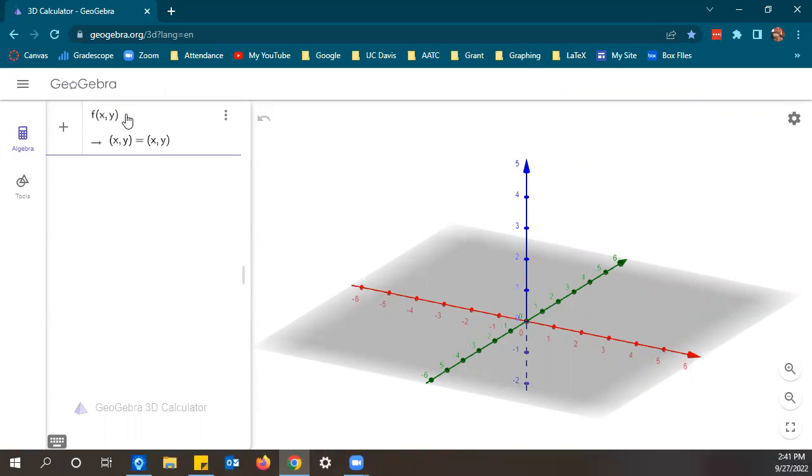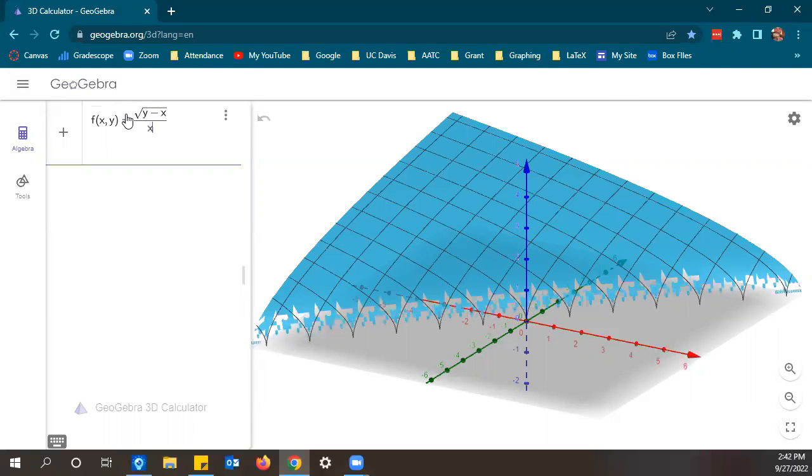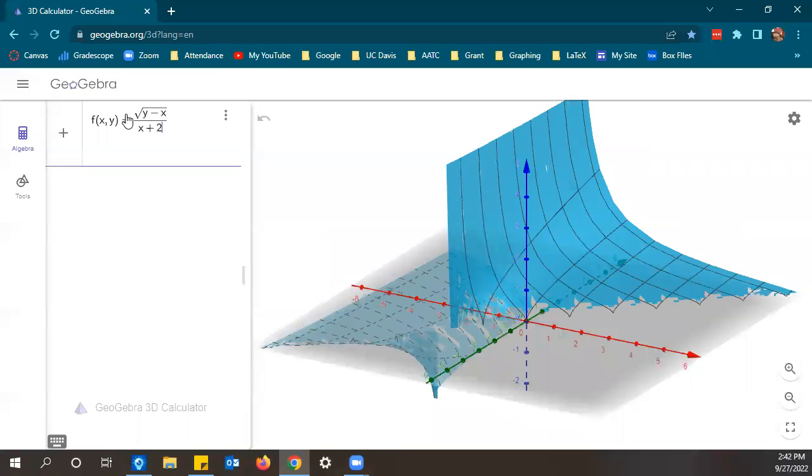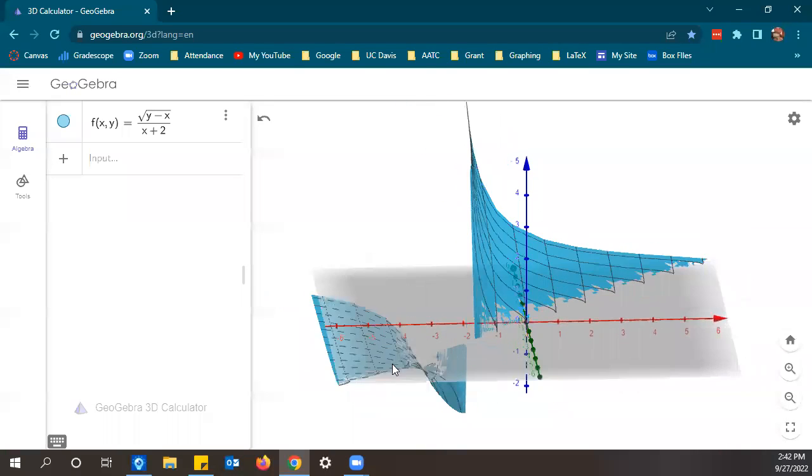That's y equal to the square root of y minus x, divided by x plus 2. Oh boy, all right. So here's our surface. It's looking super duper funky.